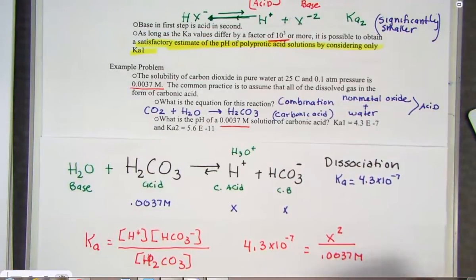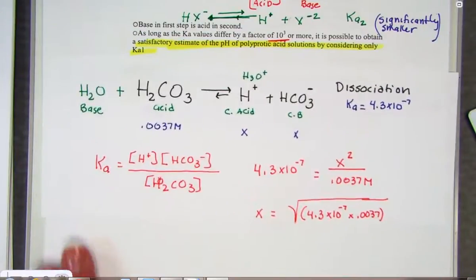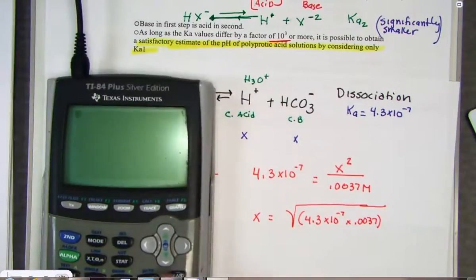Just to remind ourselves how to pull out X, X will be the square root of the product of 4.3 times 10 to the negative 7th times 0.0037 molar units. I have to pull out the square root so that I can find the value of x. And let's hit that. 4.3 e negative 7, cross multiply with 0.0037.